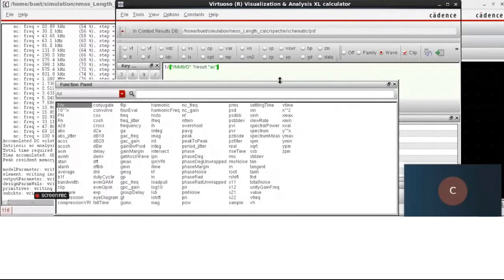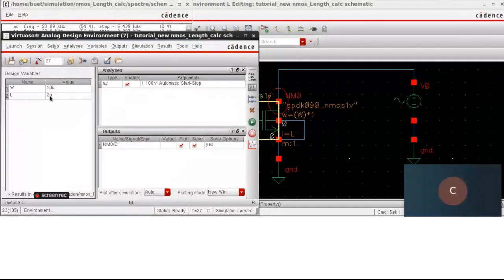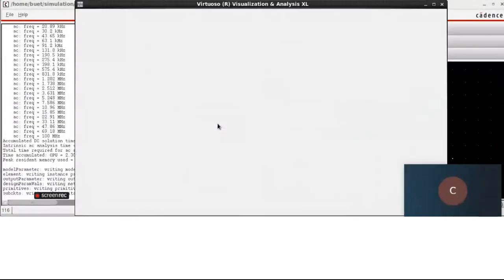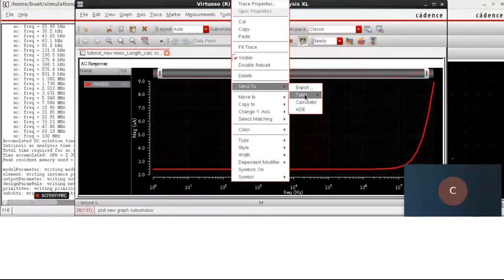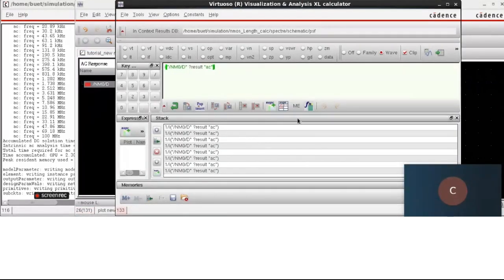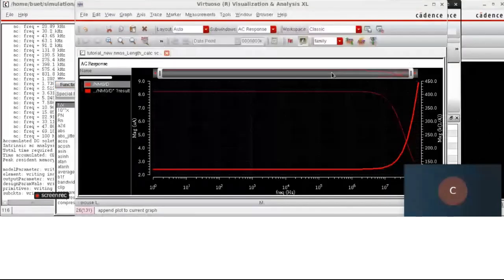And then finally we have to fix up those particular values of W by L. So L, I'll increase it to 5. Once I do that, again I'll send it to the calculator. Take the inverse of that. 411 kilo ohms.